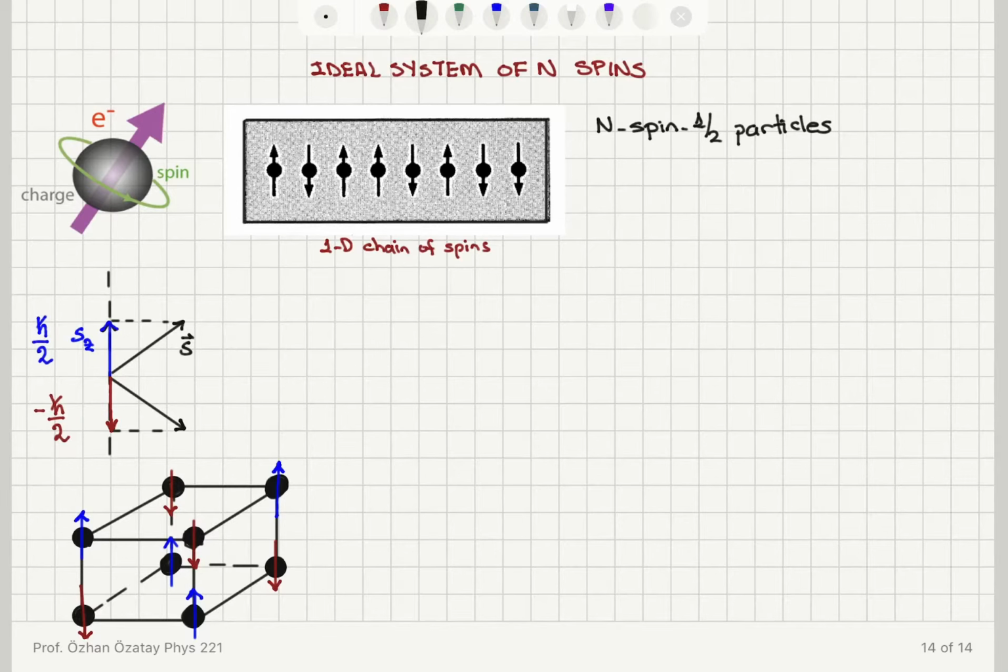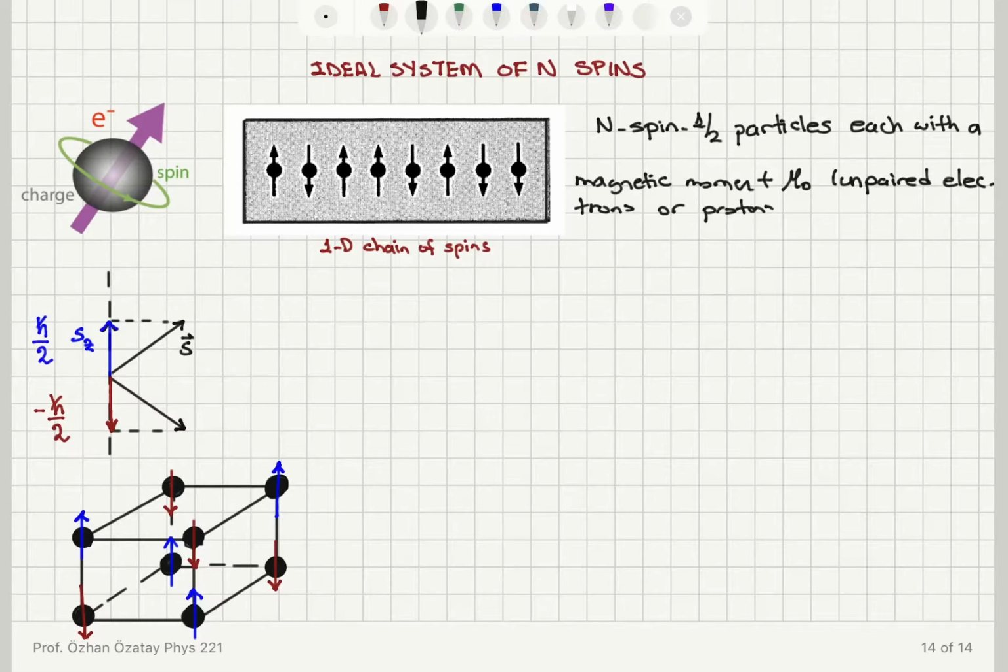Each particle has a magnetic moment mu 0, and these particles could be unpaired electrons, for example, or protons, etc. So there are many particles that have a spin.